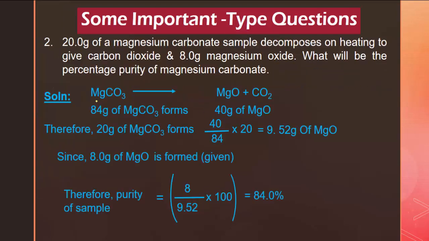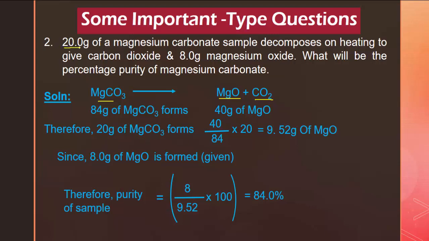Now here let's write the equation as per the given data. Magnesium carbonate is decomposing, forming magnesium oxide and carbon dioxide. So MgCO3 gives MgO plus CO2. That's the equation. So what is the molecular mass of MgCO3? 84 grams. So 84 grams of MgCO3 forms 40 grams of MgO. That is the molecular mass of MgO.